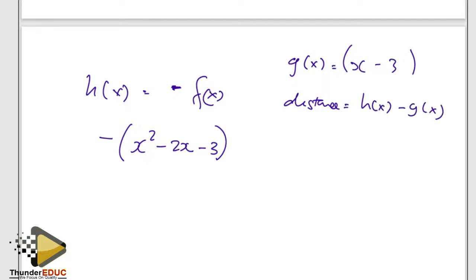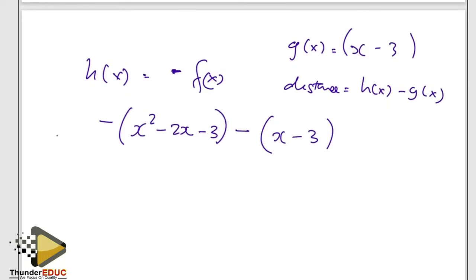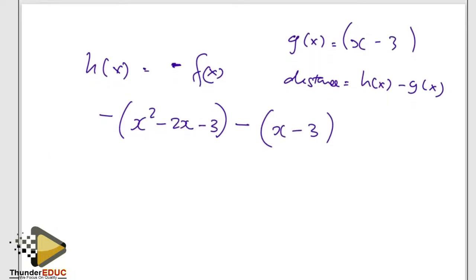This will represent the distance at any point. I'm going to subtract my g, which is x minus 3. Let me try to simplify this. I'll just take this to be my general formula or my general rule to use. That's going to be negative x squared plus 2x plus 3 minus x plus 3 again.